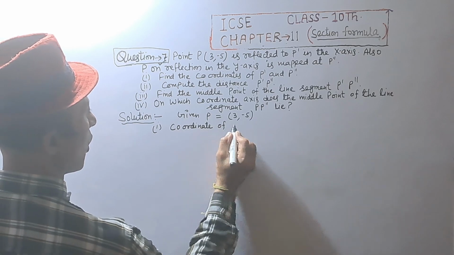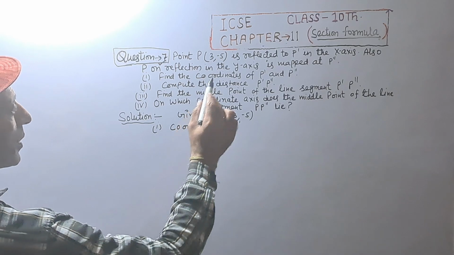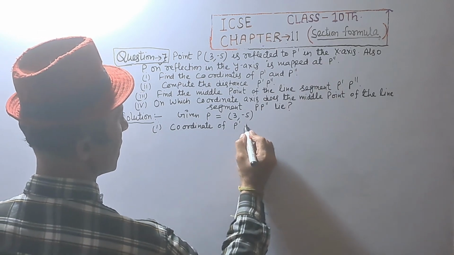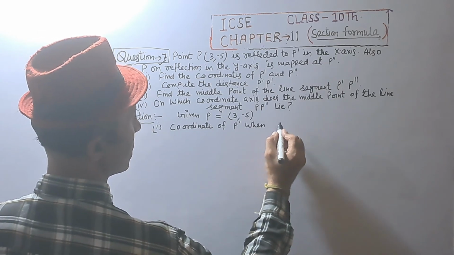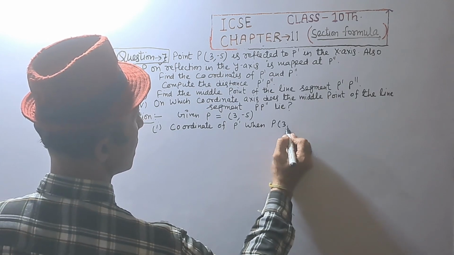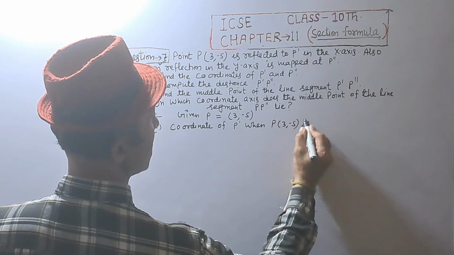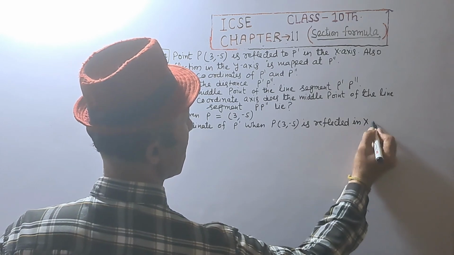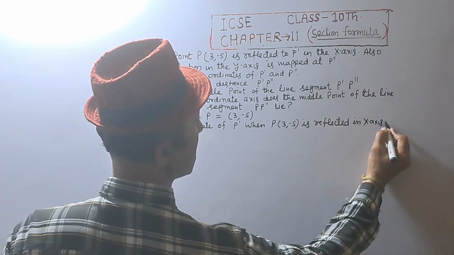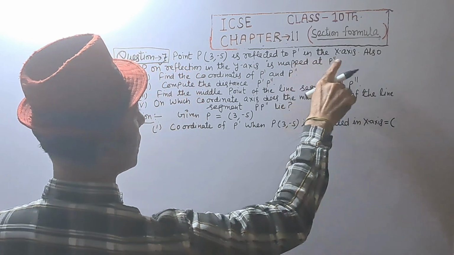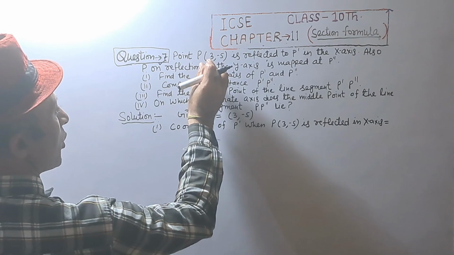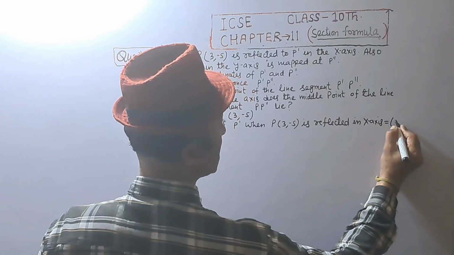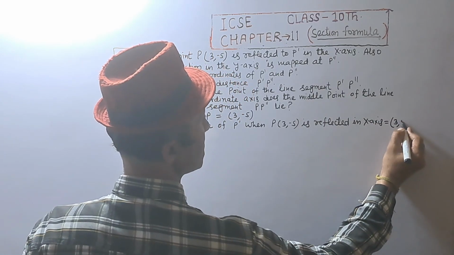Coordinate of P dash, when the point is reflected to P dash in the x-axis: in the x-axis, the x-coordinate is as it is and y will be negative, so minus becomes plus. So P dash is equal to (3, 5).